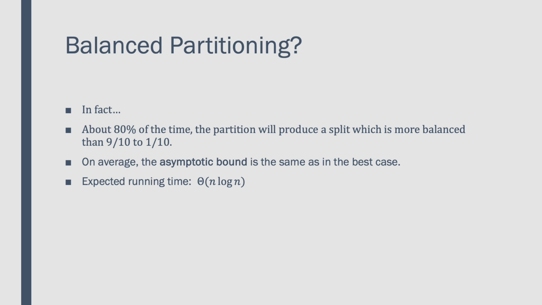So on average, the asymptotic bound remains the same as in the best case scenario, because the majority of partitions aren't significantly imbalanced. Even when imbalanced, the recursion tree depth doesn't grow enough to shift the asymptotic time complexity.